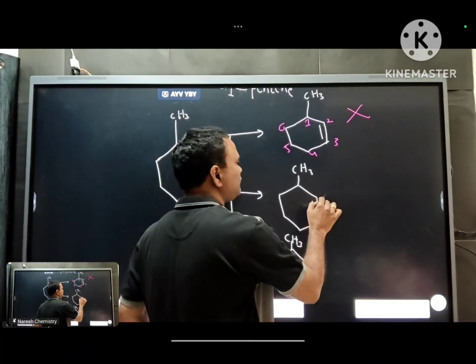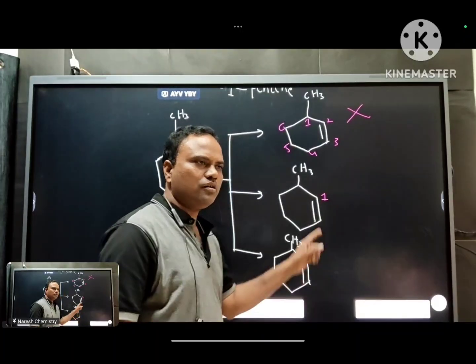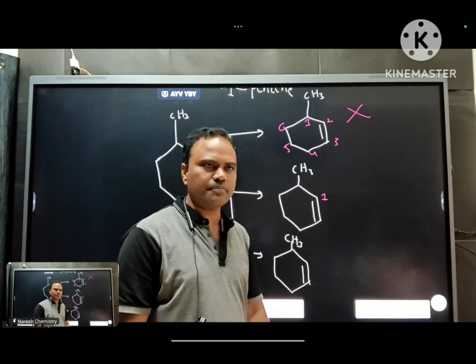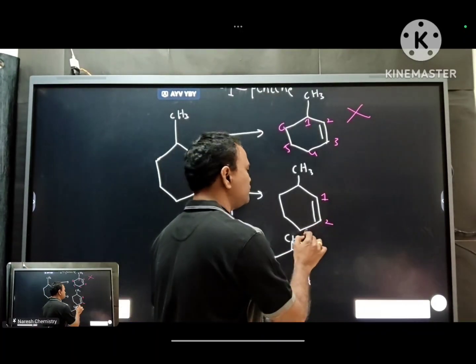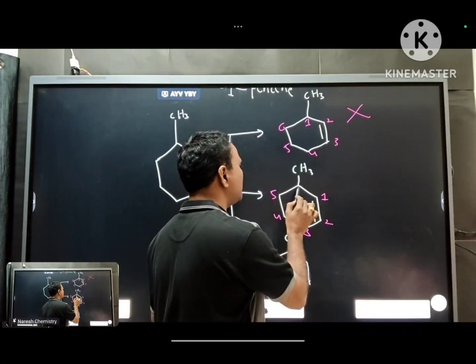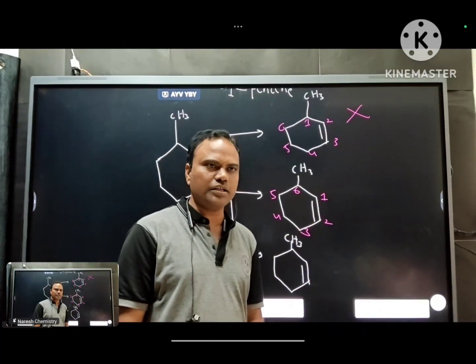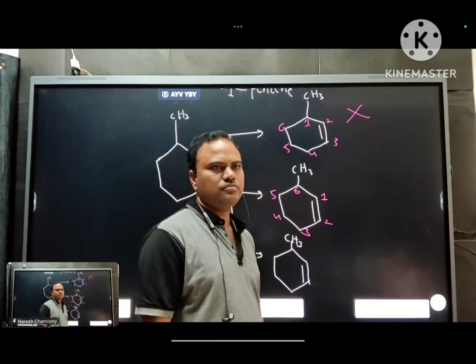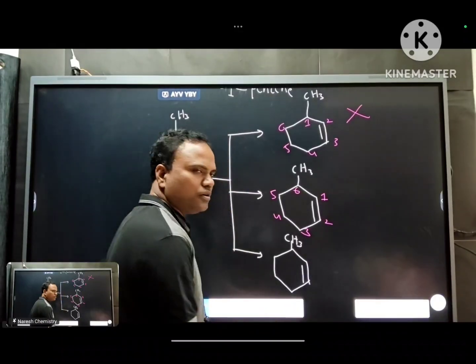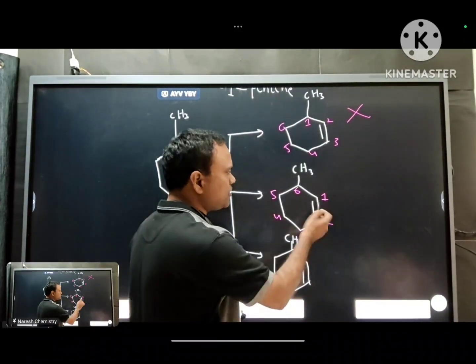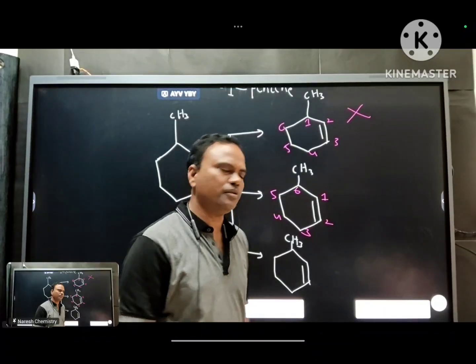Next one. Here, numbering started from the double bonded carbon only: one, two, three, four, five, six. It may be correct, but let us decide later. Maybe, not confirmed. Next, numbering started from the double bonded carbon: one, two, three, four, five, six.